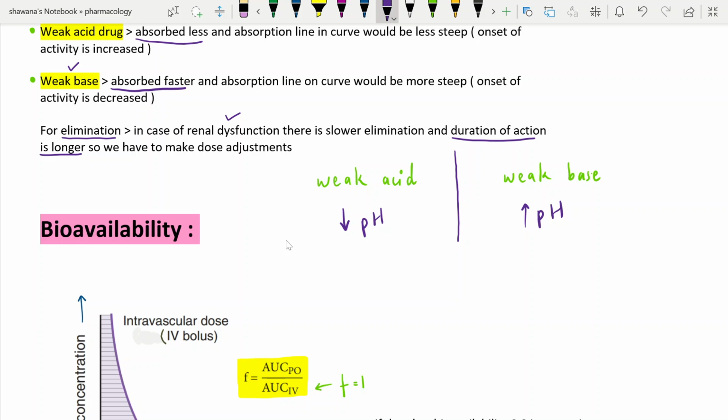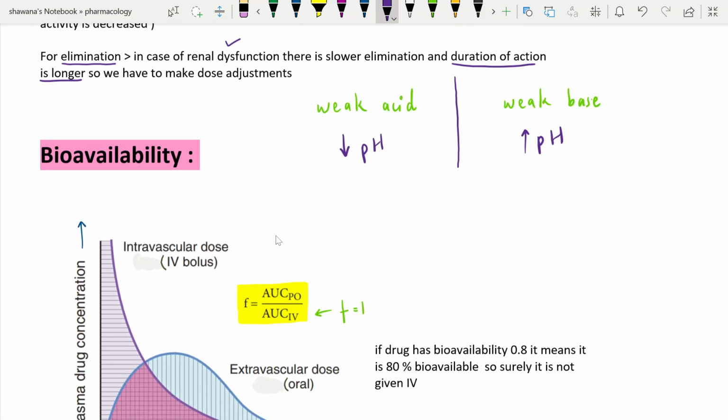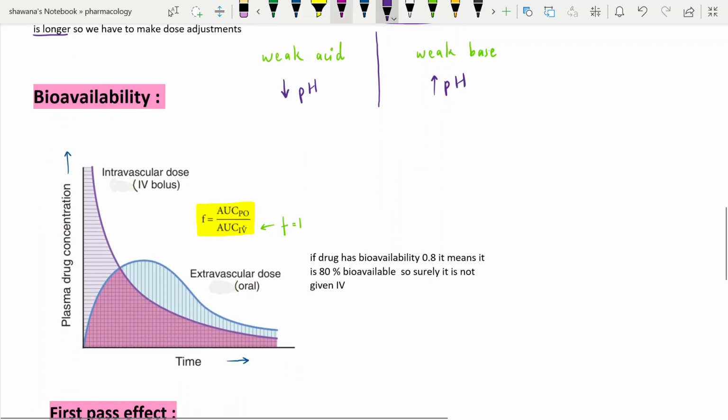When the elimination is slower, the drug remains in the systemic circulation and the duration of action is prolonged. The bioavailability, as we have discussed its definition, is the fraction of the dose that appears in the systemic circulation in a particular time.